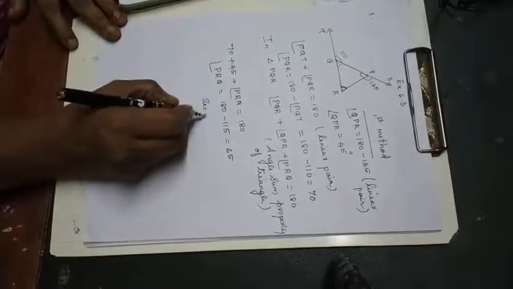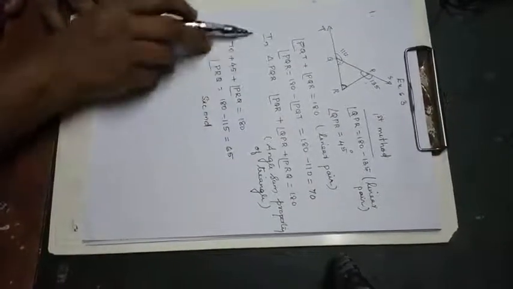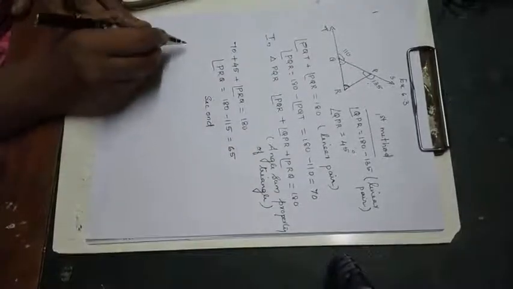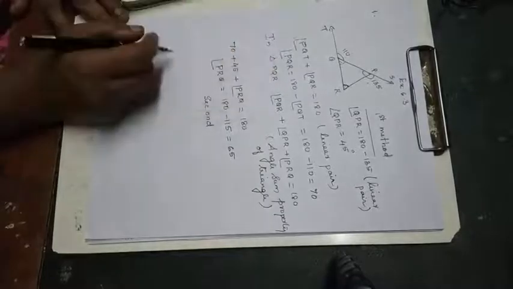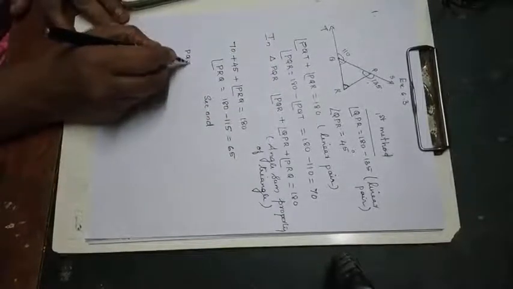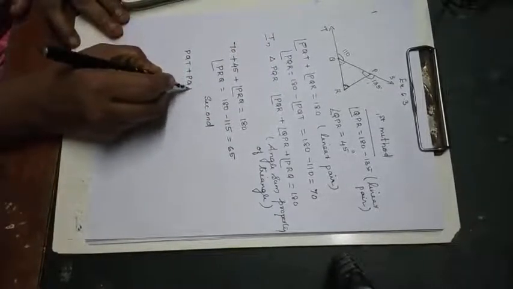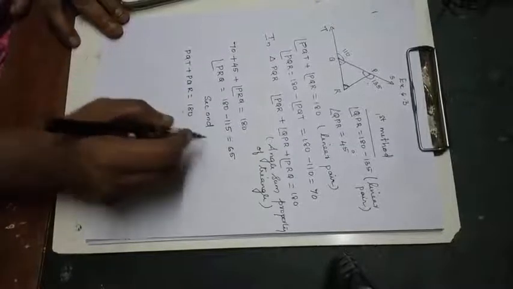The second one is first find out this one, that is 70. The same way, that is PQT plus PQR is equal to 180.